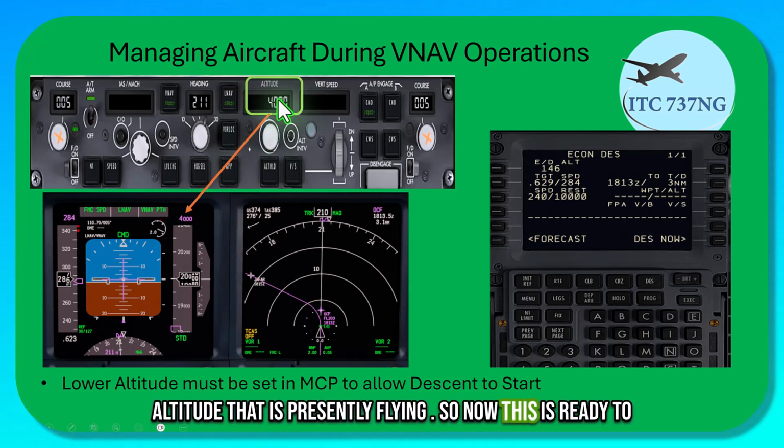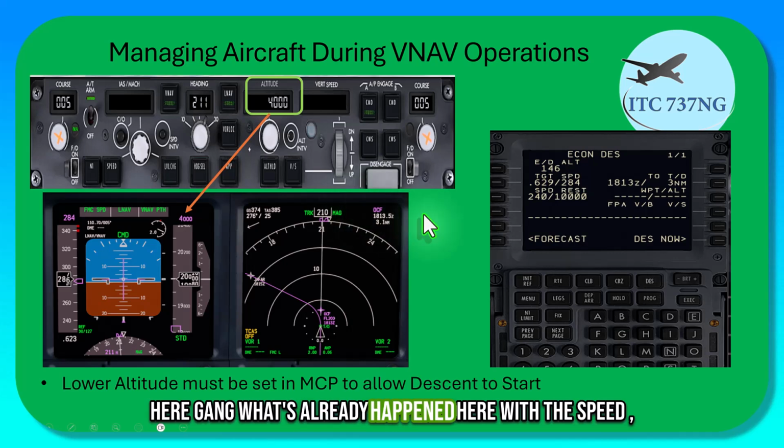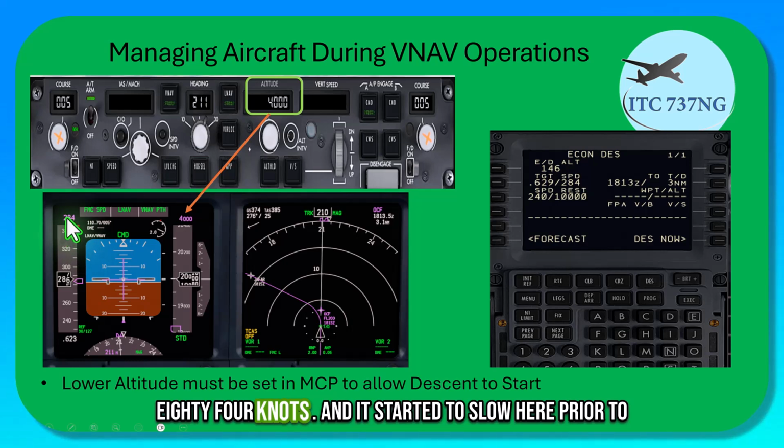So now this is ready to start a descent, and we have the lower altitude. And notice here, gang, what's already happened with the speed. It's adjusted to the speed for the descent, 284 knots, and has started to slow prior to the top of descent.